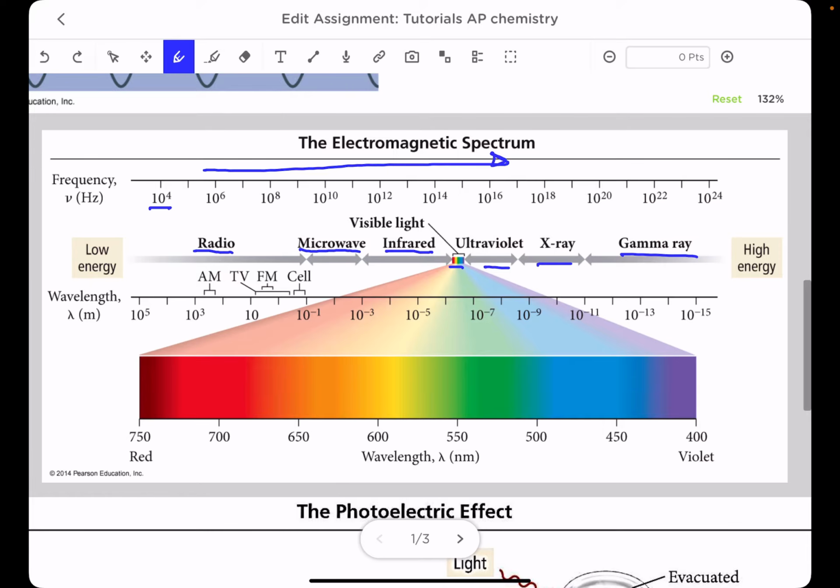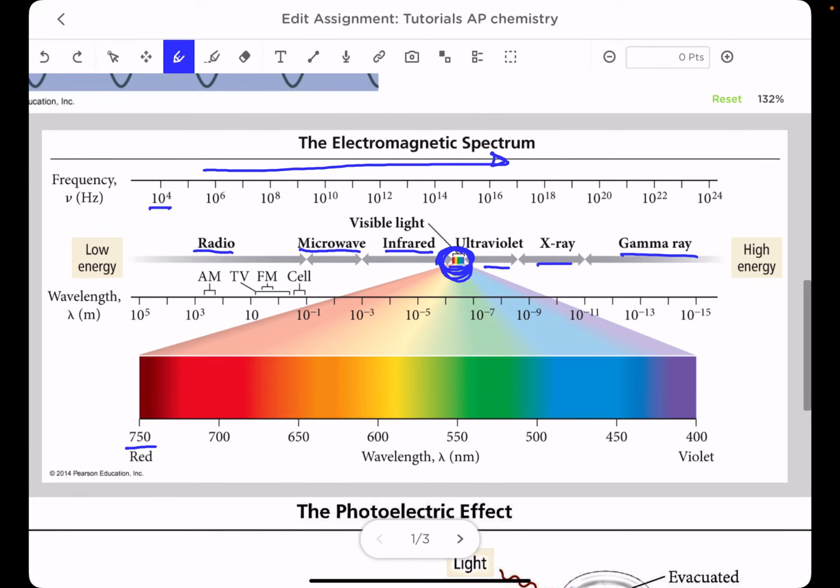But only the portion that you see over here is the portion of light that is visible to us as human beings, and we call it visible light. Only at that portion, when the light has these frequencies, we start seeing the color of light.